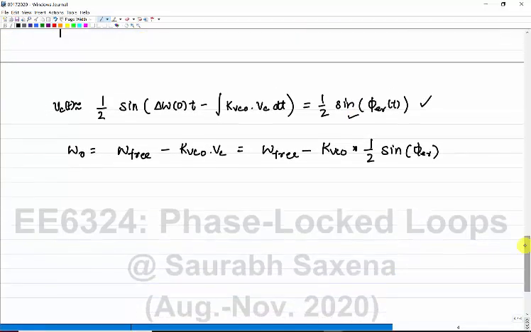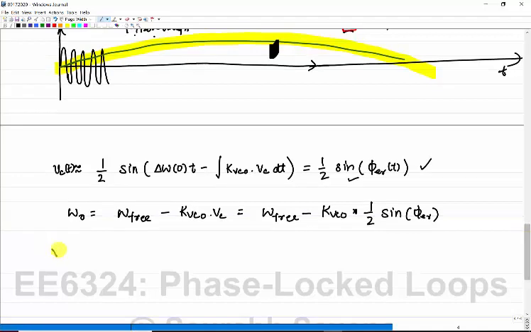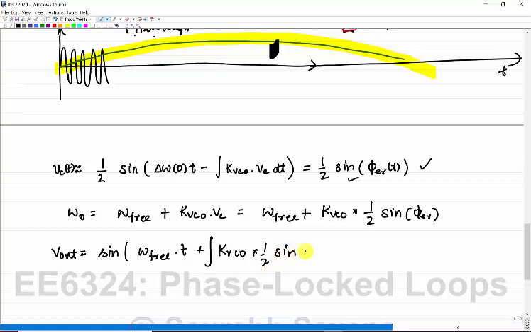Now, if I want to write the final V out signal, V out is going to be sine of omega free times t plus, this is not minus, this is plus, kVCO times the integral of Vc dt, and Vc is half of sine of phase error times dt.